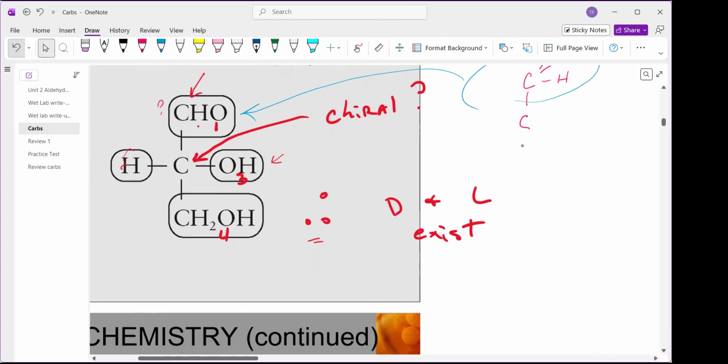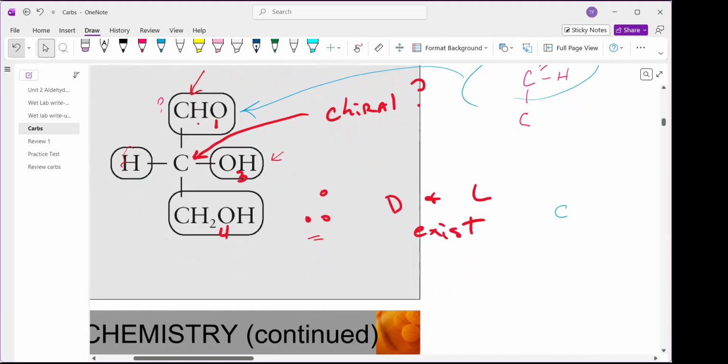Look at the bottom one. It's got 4 groups. Got 1 carbon-carbon, 2 CH's, and 1 carbon-OH. Okay, it's 4 groups, but they're not different. 2 of them are the same.